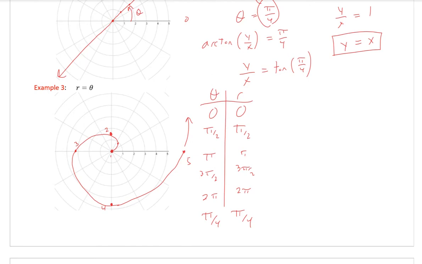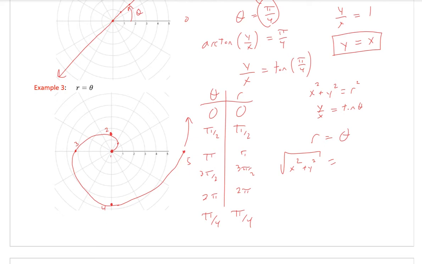If we try to make this a Cartesian equation, what we're going to do is take our two equations, x squared plus y squared equals r squared, and y over x equals tangent of theta, and we're going to try to isolate both of those. Well, r, we did that before. We can replace r with the square root of x squared plus y squared.